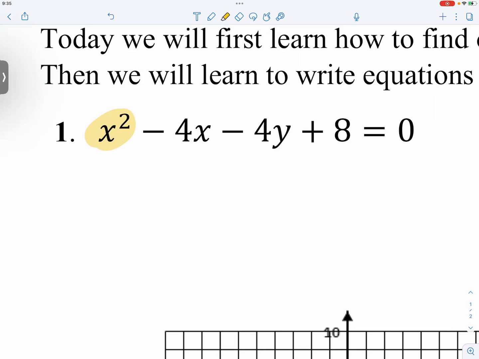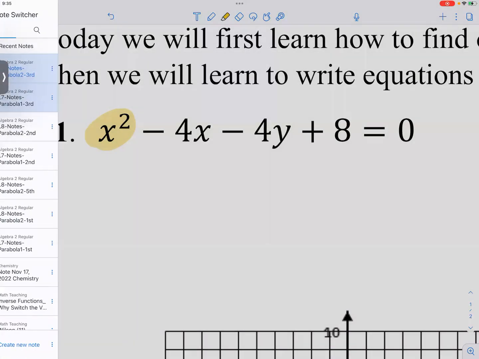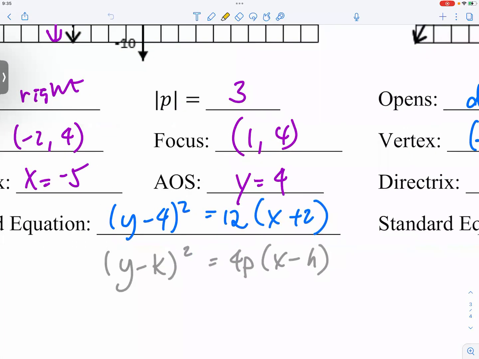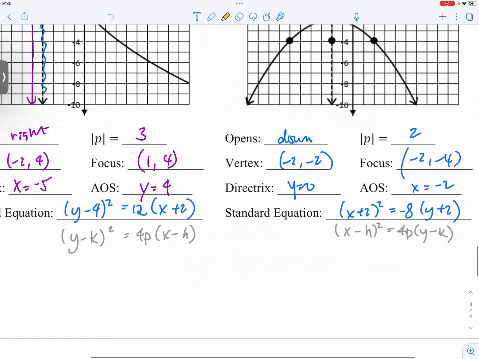Now, if you look at the equation that we just wrote earlier, what you realize is that the standard form of the parabola is always going to have a perfect square on the left, and then everything else on the right. And if you have the standard form, you can get quite a few pieces of information.